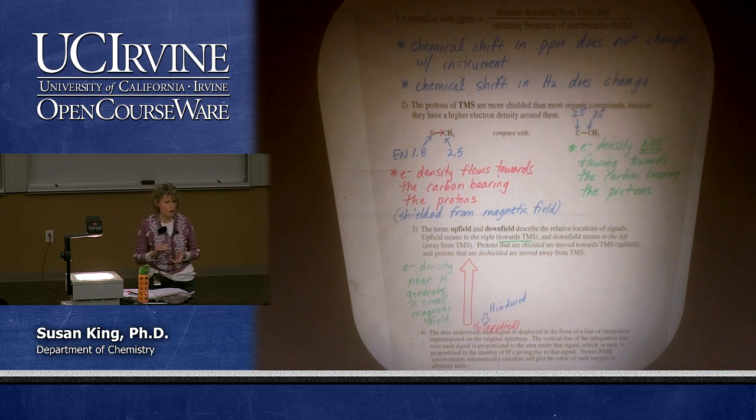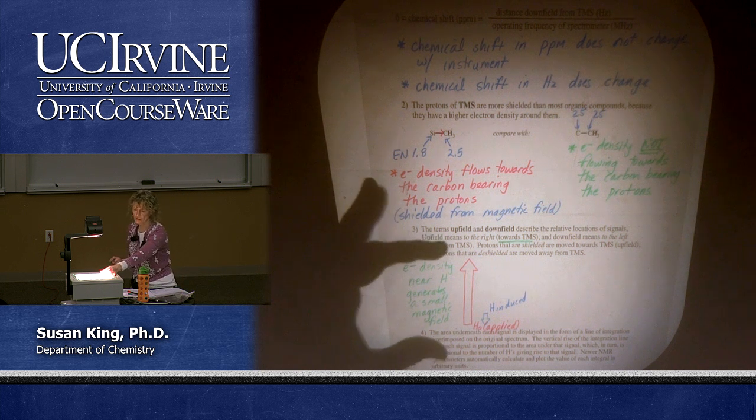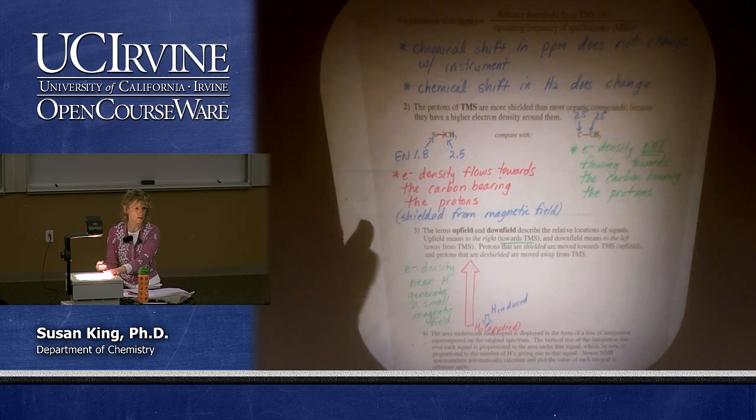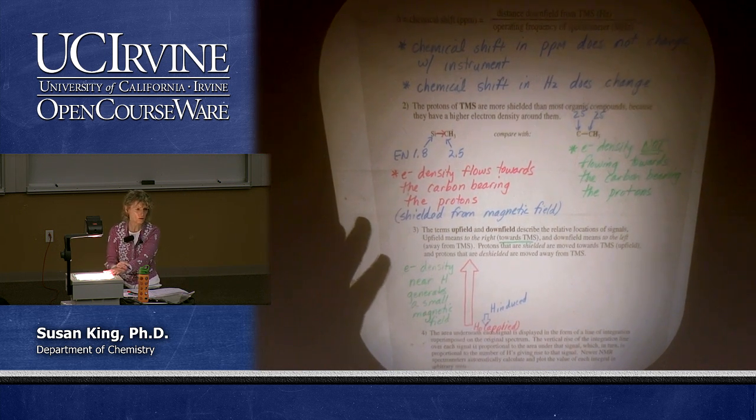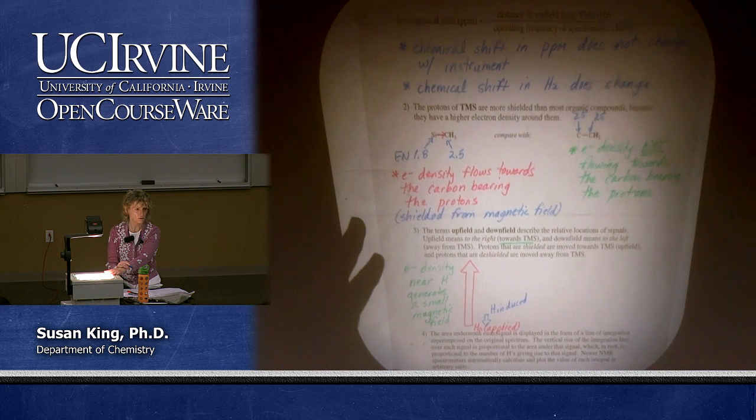And these are vector quantities. So if we have this very large vector here and we have this going in the opposite direction, it's going to take a little bit of that away. Some of that's going to cancel out some of that larger magnetic field.